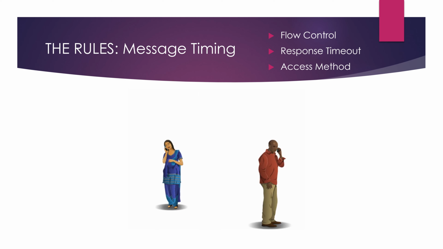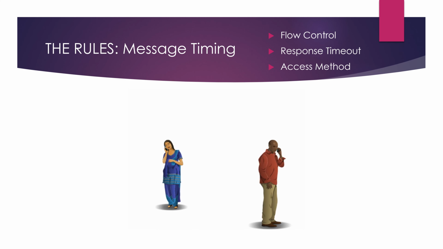And the access method determines when someone can send a message. And as we can see in the figure, there are two persons that are trying to communicate at the same time. In this case, a collision of information occurs, and it is necessary for the two of them to back off and start again.